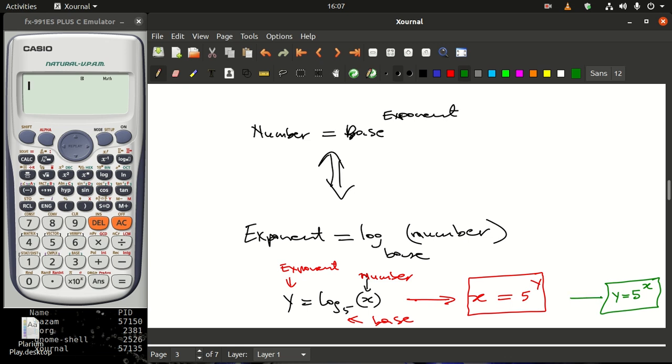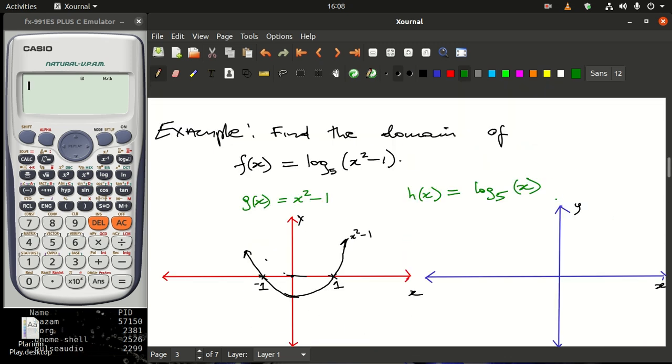We know how to plot this, but we don't know how to plot this one here. But interchanging x and y means that it is a reflection of that along y is equal to x. Okay. How does this function look? When x is equal to 0, y is equal to 1, and it doesn't touch the x-axis. So that function looks nice like this. So this one is y is equal to 5 to the exponent x.